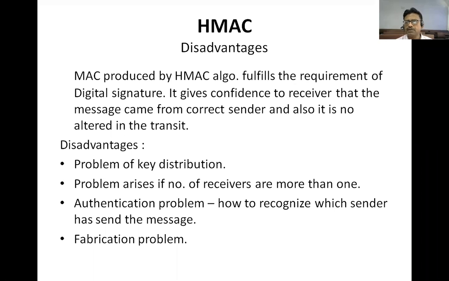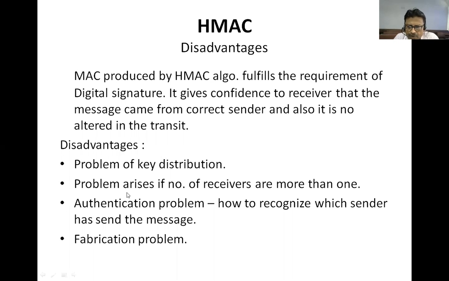Because if there is a user A and there are B, C, D, E, 4 more receivers, then the sender, if it has to maintain integrity, has to maintain authentication also. So it will either share a different symmetric key with each user, or it will use the same key for all users.